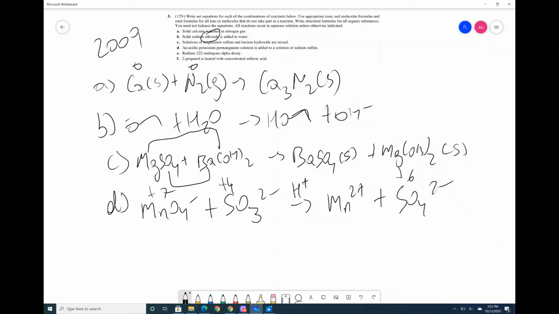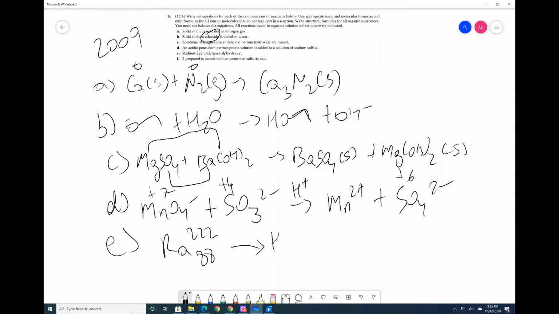Okay. Radium. What's it on the periodic table? Where's radium? Radium is 88, right?